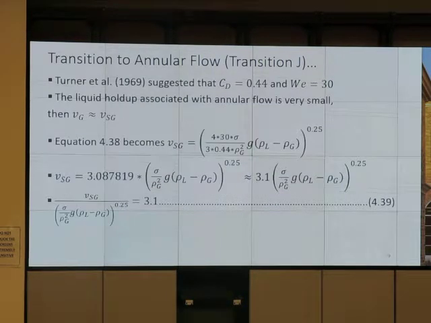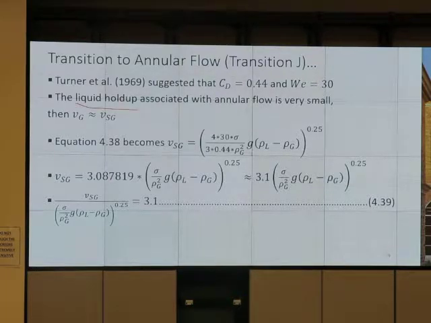Taylor suggests a spherical shape or whatnot. Let's use 0.44, and let's select Weber number equal to 30. The liquid holdup associated with this annular flow is very small. Why can I say this?